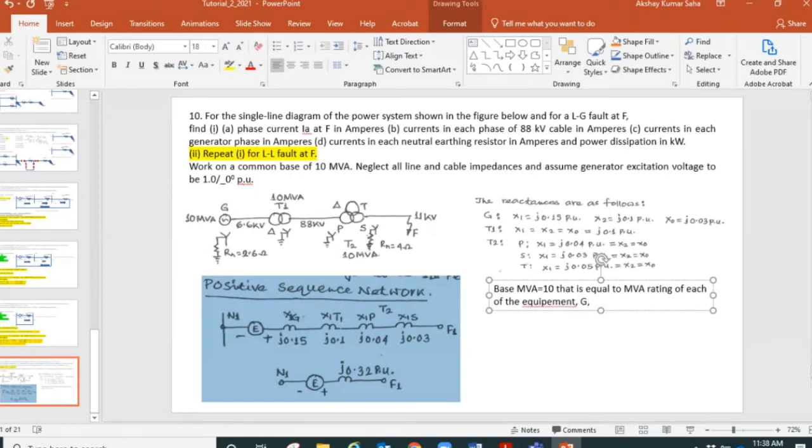This reduces the calculation of the reactances.